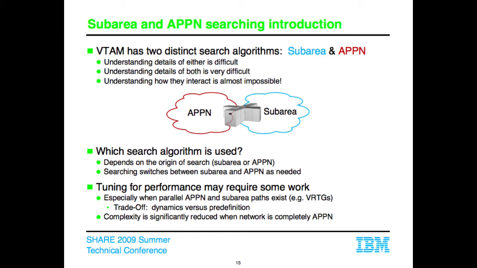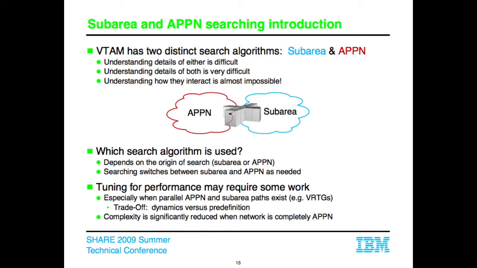Which searching algorithm do we typically use then when a search request comes in? Which algorithm we use depends on where the search came from. If the search starts on this interchange node, for example, then the subarea side is in control first, because all resources in the network actually are owned by the subarea side of VTAM.